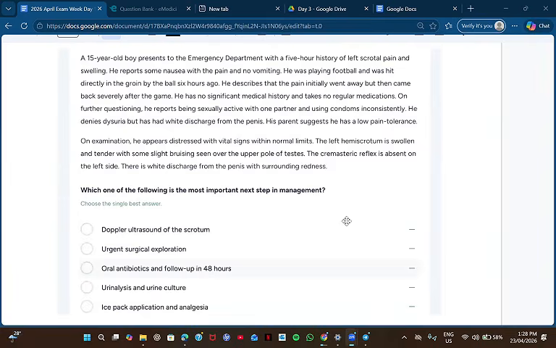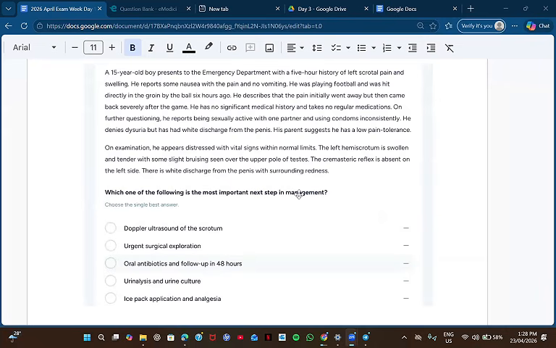Okay, now there's another question, to differentiate different types, okay? A 15-year-old boy presented to the emergency department with a 5-hour history of left scrotal pain and swelling. He reports some nausea with the pain, and vomiting. He was playing football and was hit directly in the groin by a ball 6 hours ago. He describes that the pain initially went away but came back severely after the game.